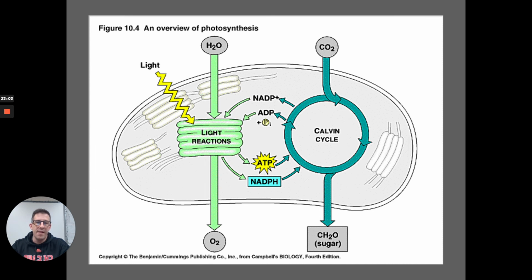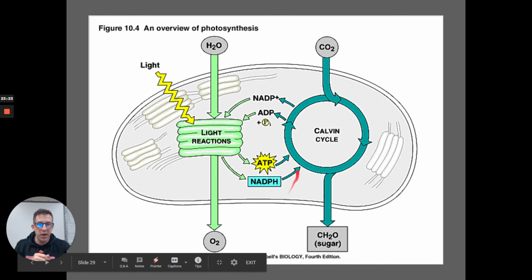All right. So this puts into perspective the two phases that we are going to study. We just got done looking at this one, the light reactions, where light is harvested with the use of electrons from H2O. We get the products of ATP and NADPH and a byproduct of oxygen.